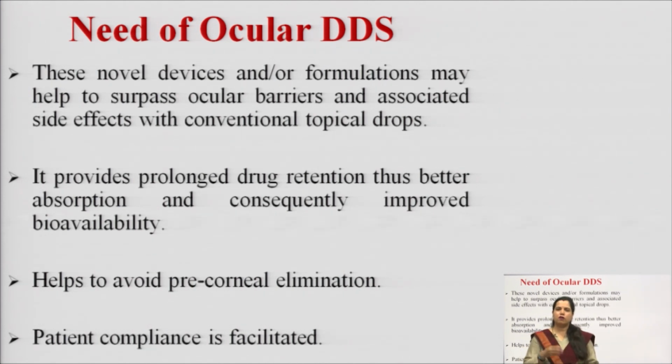As you know, with conventional ocular liquid forms, you may have to use them 2-3 times or more, 3-4 times, in this frequency. But if you talk about an ocular drug delivery system which releases drug in a prolonged manner, then the frequency gets reduced.